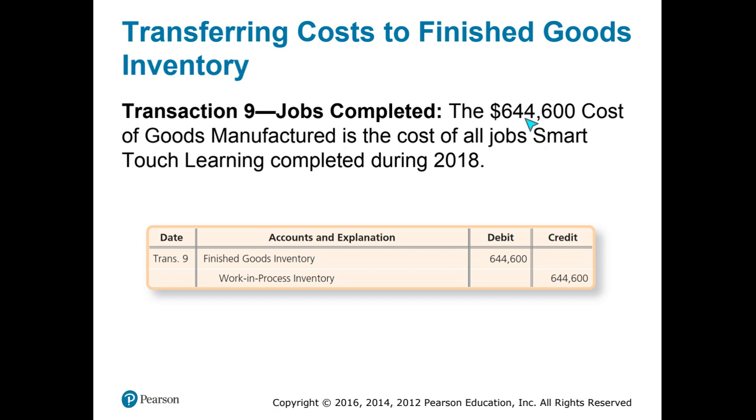The cost of goods manufactured is transferred from work in process inventory to finished goods inventory as jobs are completed and moved into the finished goods storage area. Smart Touch Learning records goods completed in 2018 as follows. We're debiting finished goods inventory for $644,600, and we're crediting work in process inventory for $644,600.